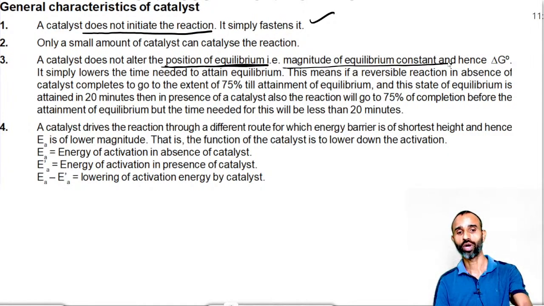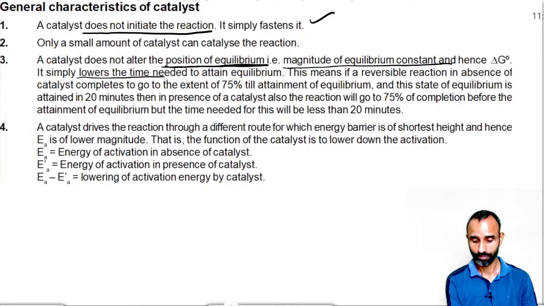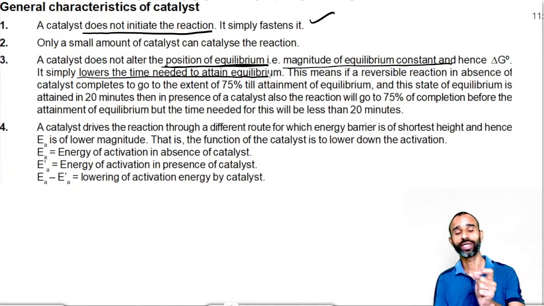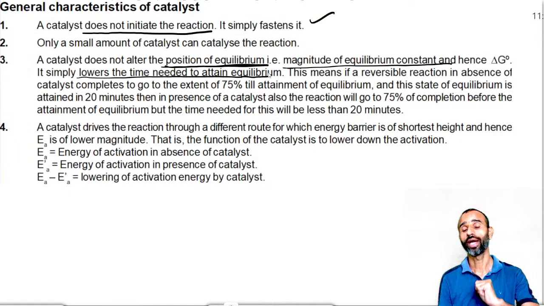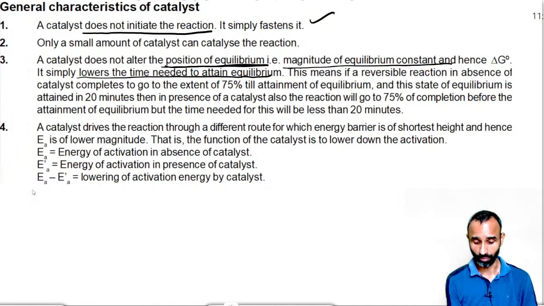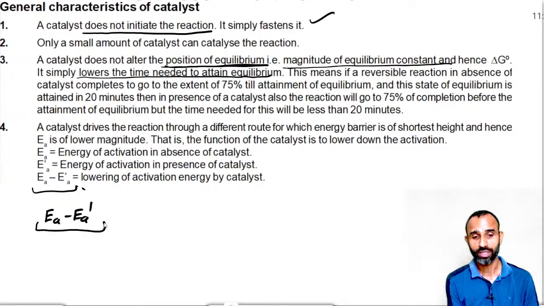It lowers the time needed to attain equilibrium, and the catalyst provides an alternate path of lower activation energy. It will lower the activation energy so that rate of reaction is increased, and the greater the difference between these two, the greater is the rate of reaction.